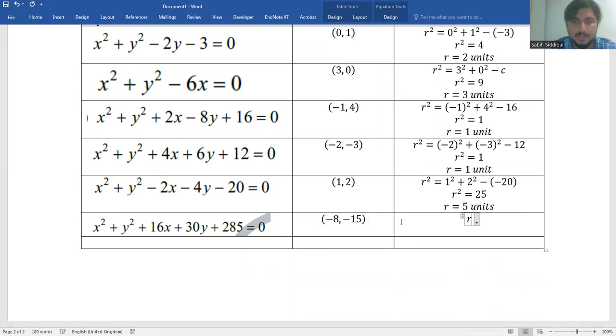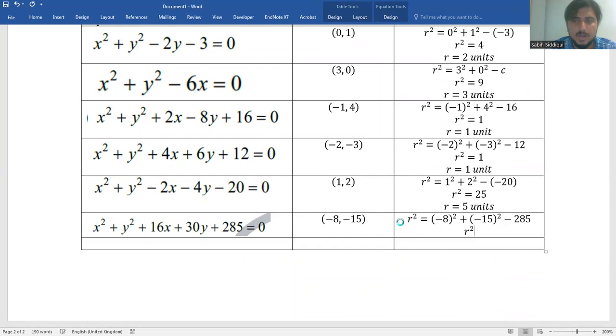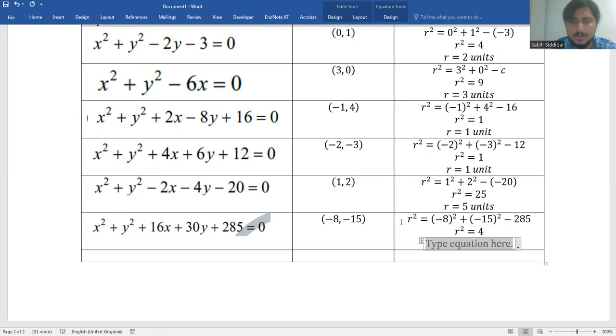What about the radius? r² will be -8 squared plus -15 squared minus the constant, which is 285. So r² will be equal to 64 plus 225 minus 285, which is 4. And r will be 2 units.